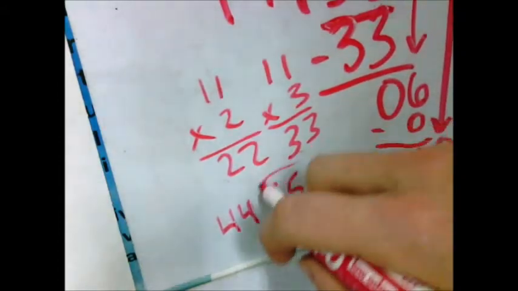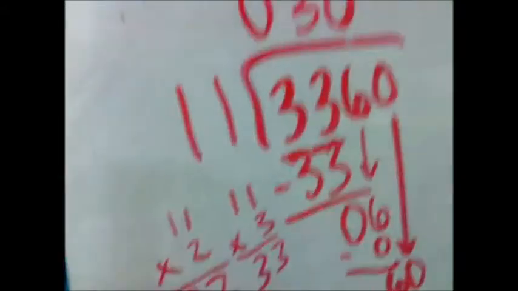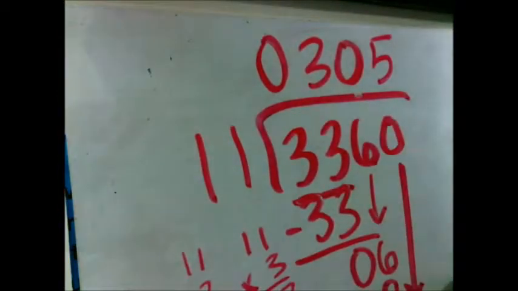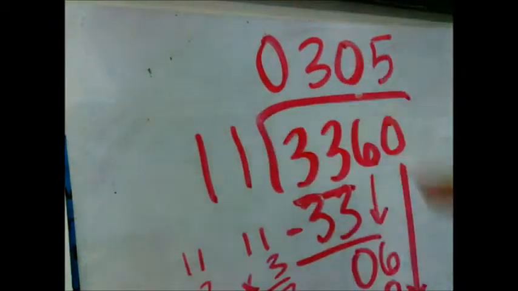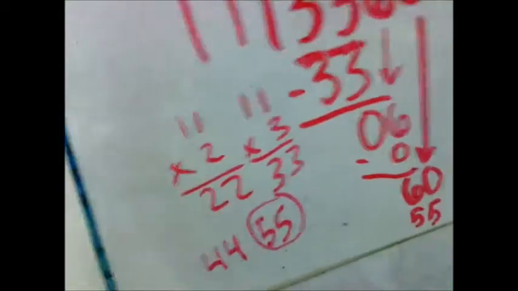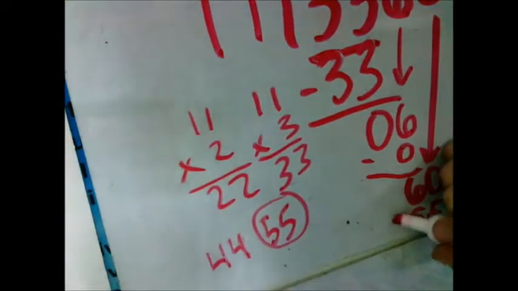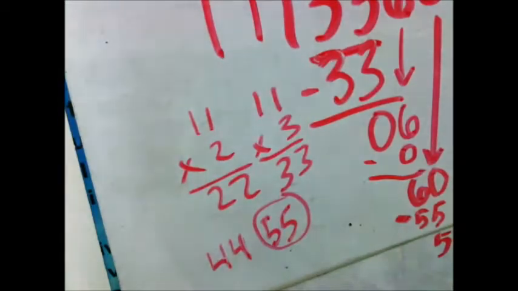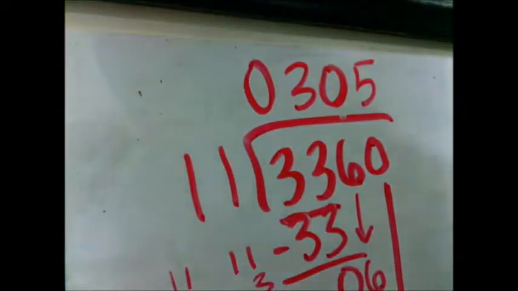So it will not go in 6 times, but it will go in 5 times. So over here, I'm going to write a 5. I get 5 times 11, and it is 55. So I write 55 down here, and I do some subtraction. 60 minus 55, and I get a 5. That's left over. That's a 5 there.